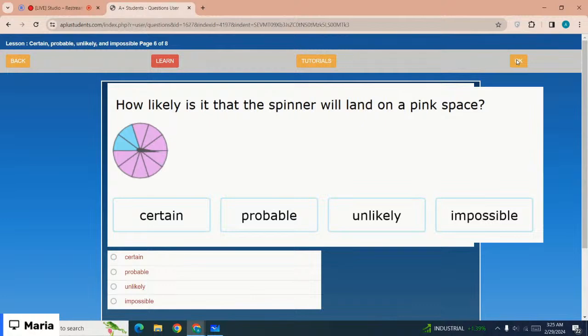Most of the portion of the spinner is pink. So it is probable it will land on pink. The correct option is probable it is. The correct option is probable.